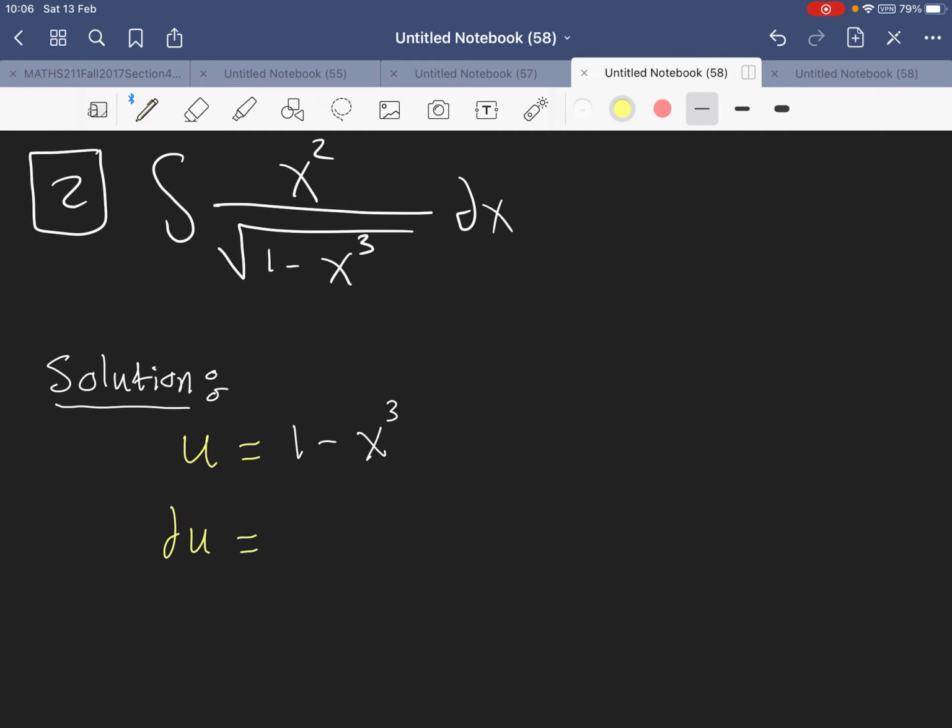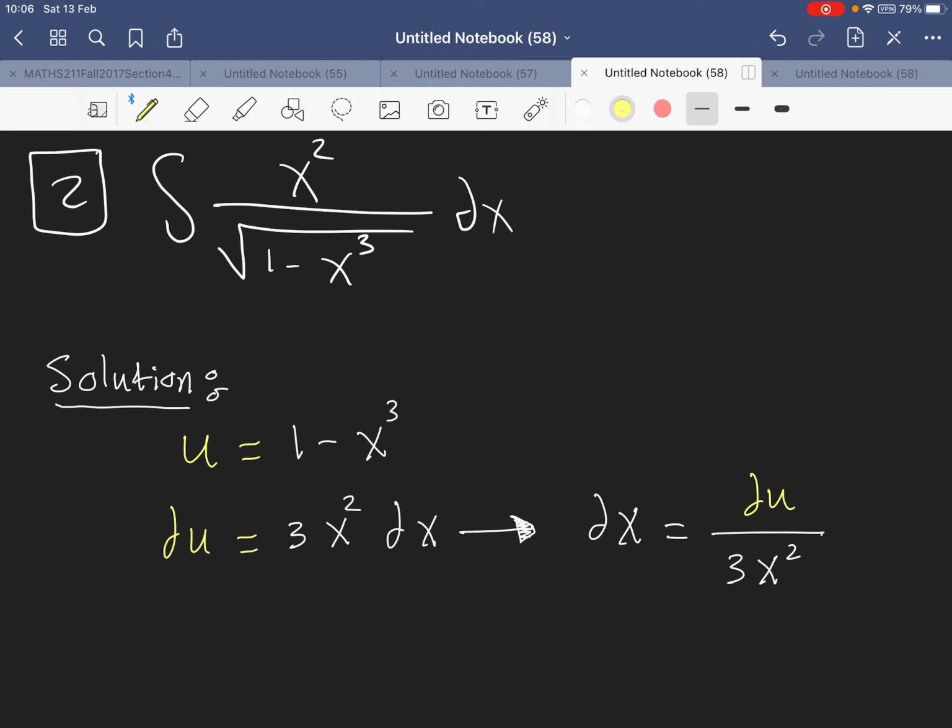And the du is 3x squared dx. This means we just need to find dx by itself, because this is where I would substitute. So dx is just du divided by 3x squared.